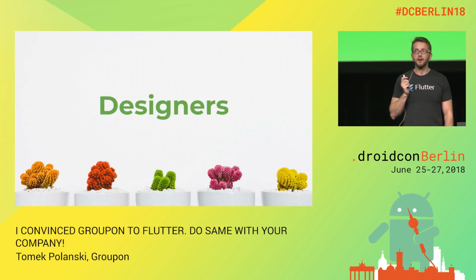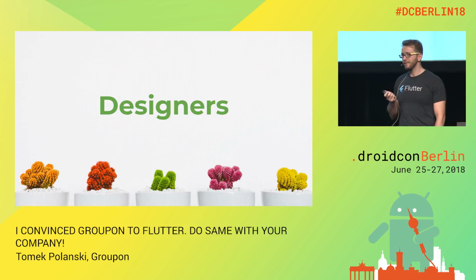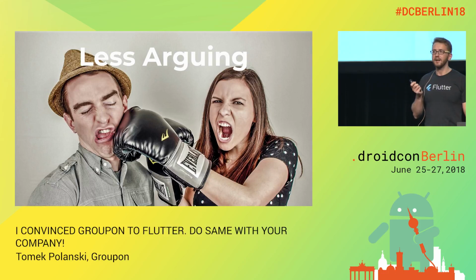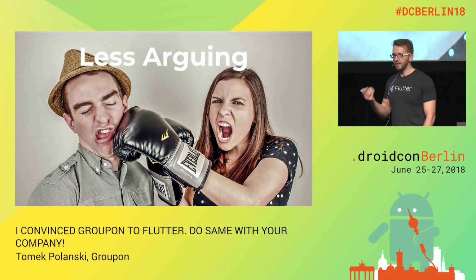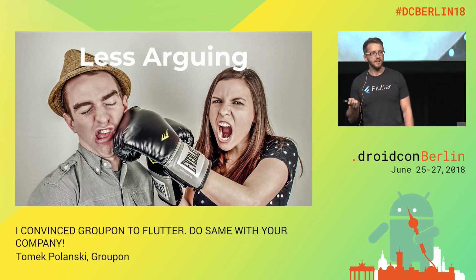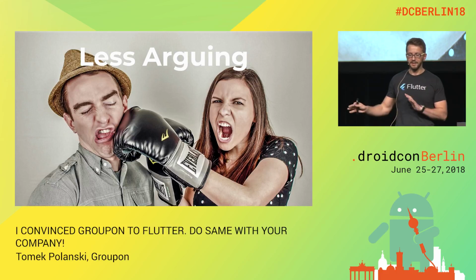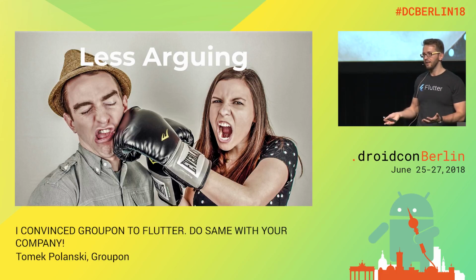First, I would talk about designers, because in my opinion, they're the easiest to convince. One argument could be that there will be less arguing between us developers and the designers. Because how many times did we get some mocks from the designers, go happily to implement that, think that, OK, everything looks exactly the same as in the mocks, and then show it to the designers.